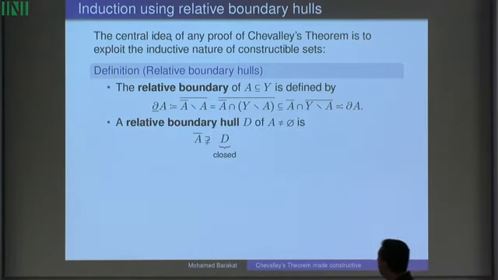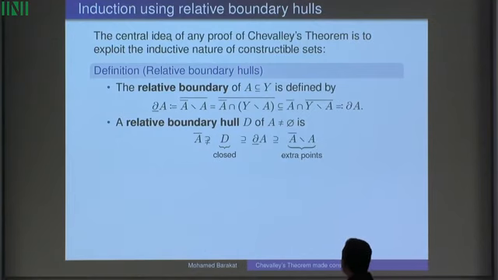Now comes the notion which is relevant for the induction. It's called a relative boundary hull. A relative boundary hull D of A, provided A is non-empty, is a closed proper subset of the closure such that it includes all the extra points which are in the closure but not in A. Because D is assumed closed, it will also include the closure of the extra points, so it will include the relative boundary.